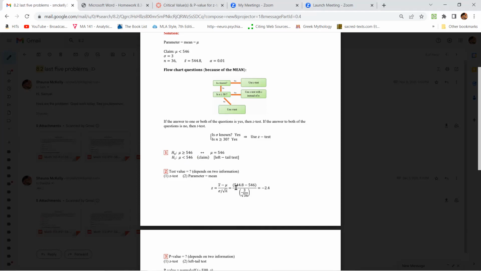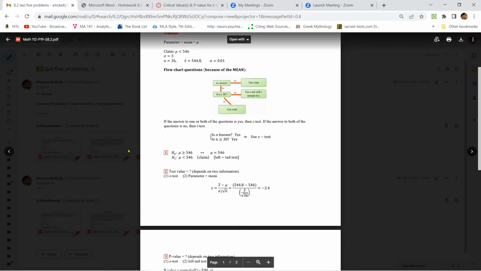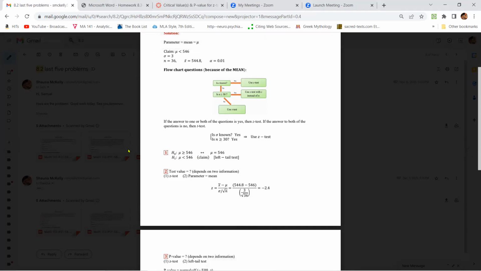You have all the numbers. I'm going to calculate it off screen and make sure that she got the right number for her test statistic, but her formula, her plugins are okay. This is 544.8 minus 546. We're dividing it by 3 over the square root of 36.